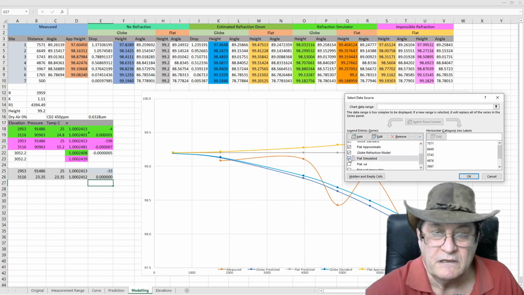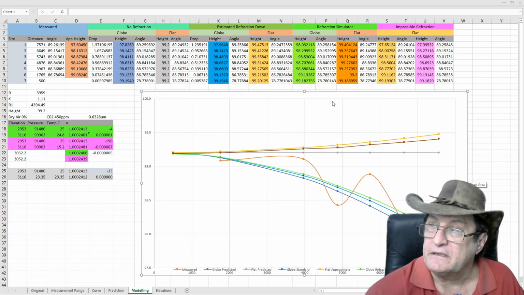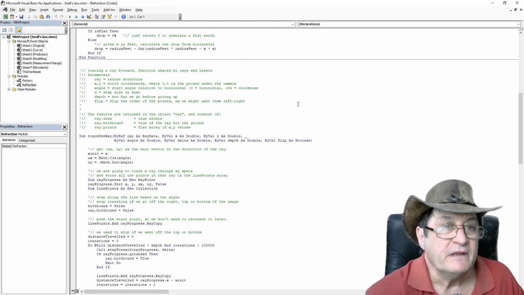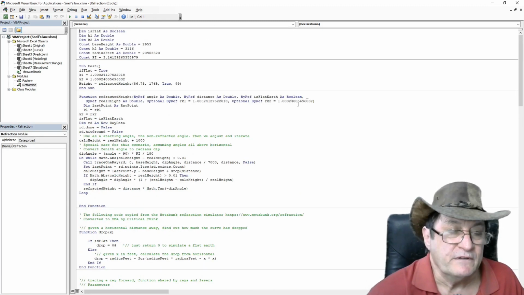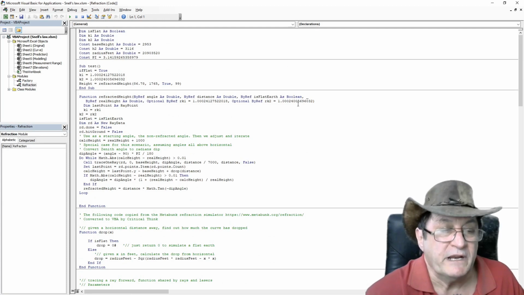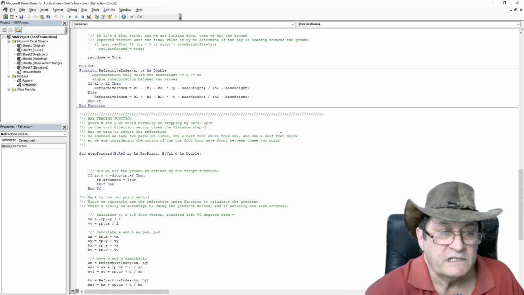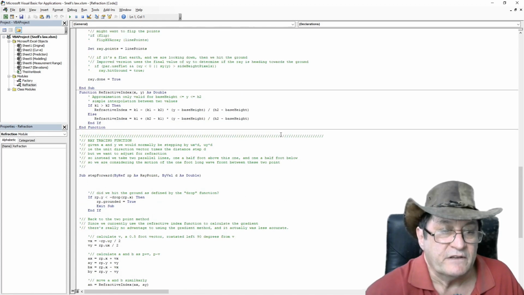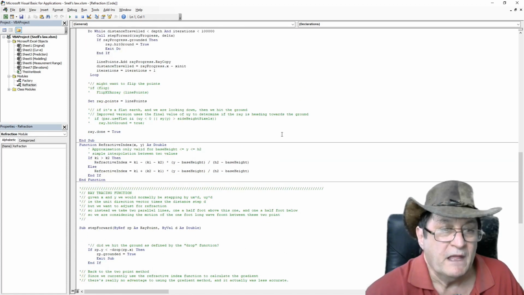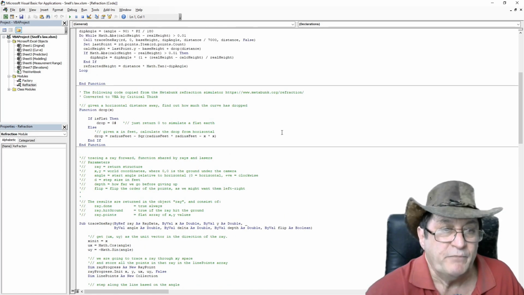So using my simulation, I'll show you the code for the simulator. It's pretty boring stuff, but I converted it to Visual Basic to run in Excel. I've just taken parts of the Mick West refraction simulation and converted the code to VBA, and I've just targeted one point, the top of the pole.